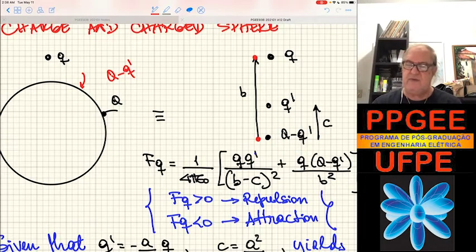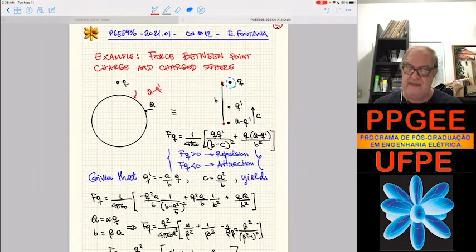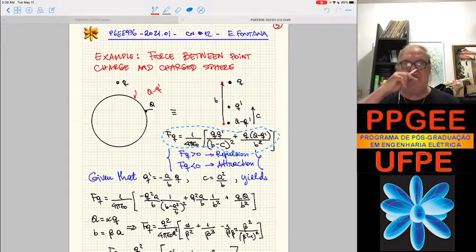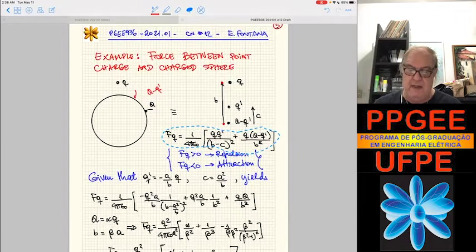So once you calculate the force on q, it's going to be the force of Q prime on q plus the force of Q minus Q prime on q. It's not difficult to calculate, it's very simple.